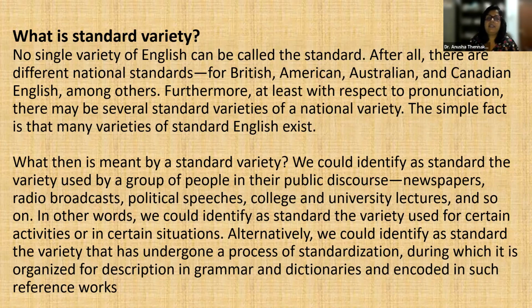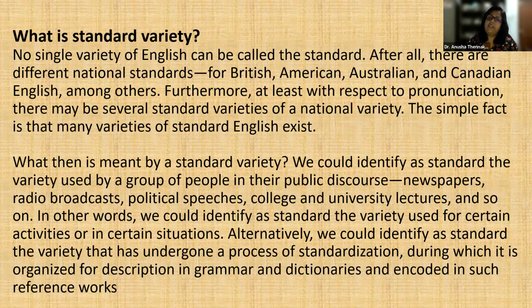In other words, we could identify as standard the variety used for certain activities in certain situations. For an example, a speech done at national festivals, standard. Or for an example, speech done in a wedding, standard.